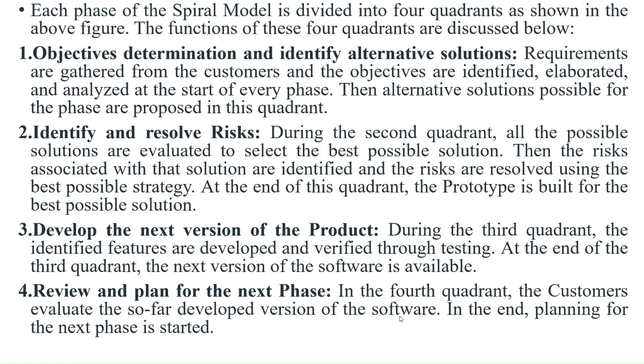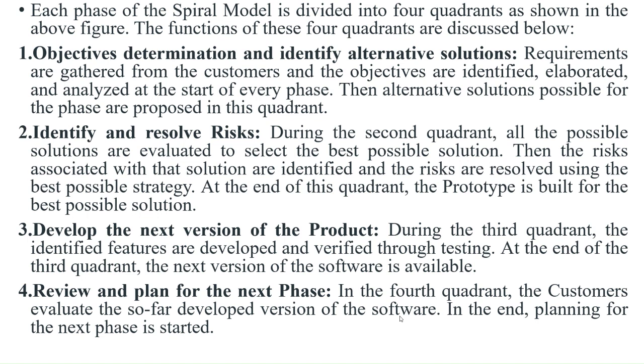In the third quadrant, we are developing and releasing. We are developing the product and releasing it to the market, and with testing and coding, everything is done. Next, we are releasing to the market. If it is successful, next we are launching another version of that product. Next, the fourth one is review and plan for the next phase.